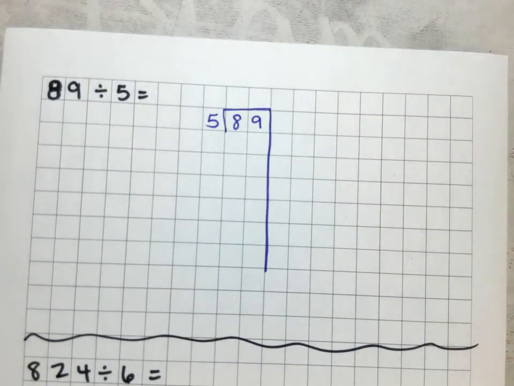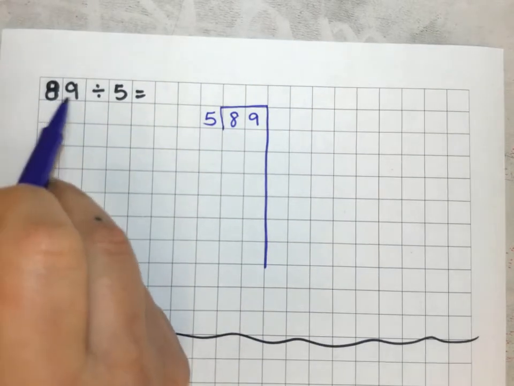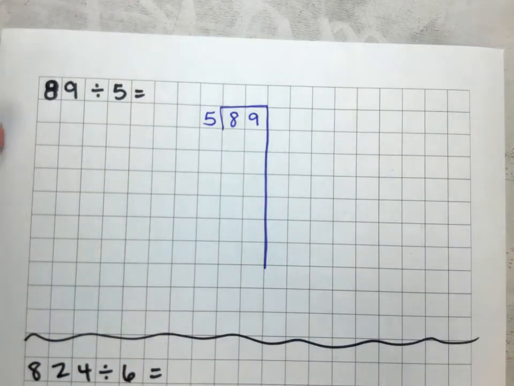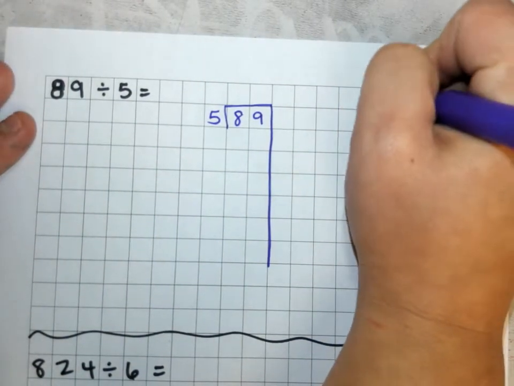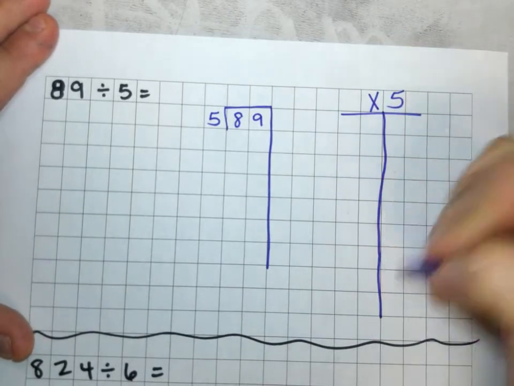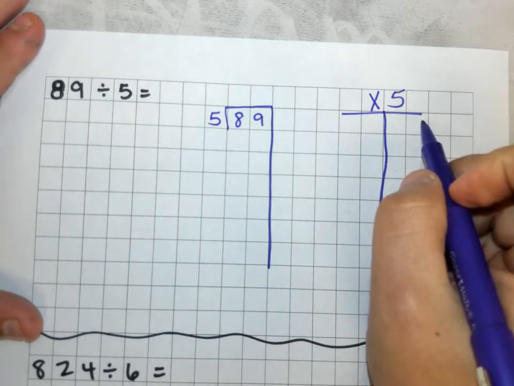The next step is we need to make a T-chart of our multiplication facts. Since we are dividing a 2-digit number by a 1-digit number, we will make a T-chart with just the ones place. So we're going to multiply by 5s. I remind the students to make this the ones place at this point.